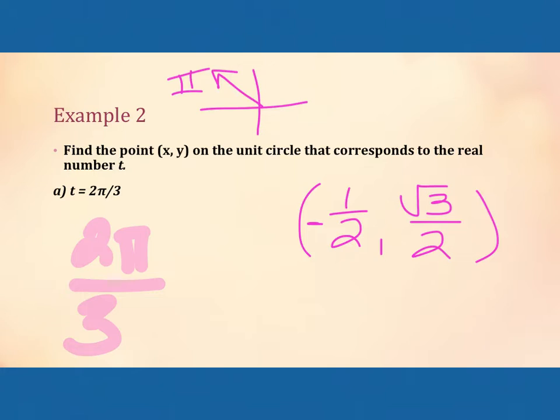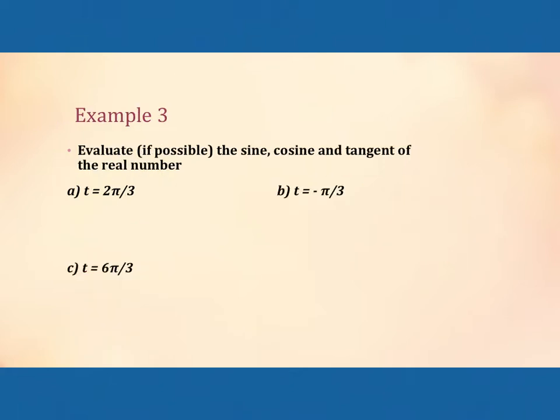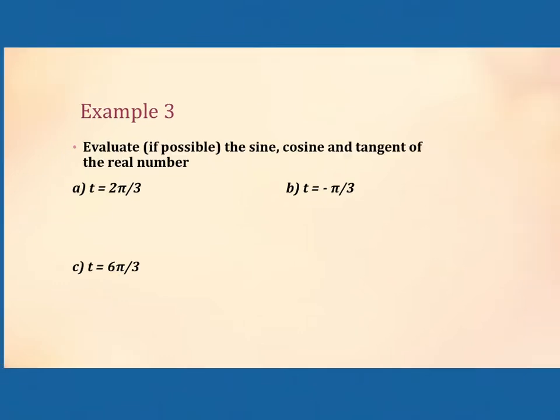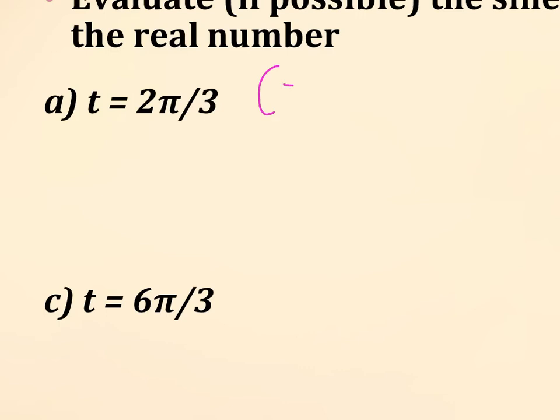Good so far? All right, so now take it a step further. Knowing that angle and the point at that angle, figure out the sine, the cosine, and the tangent. So we already got that 2 pi over 3 would be negative 1/2 and root 3 over 2. What's the sine of this angle? Root 3 over 2.